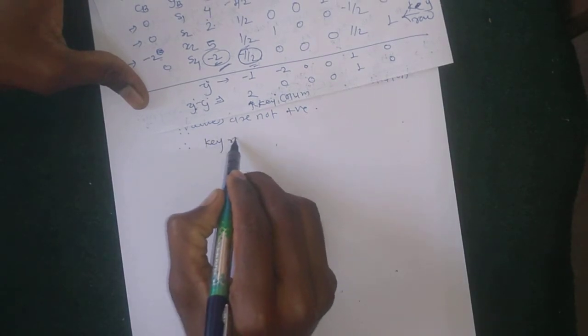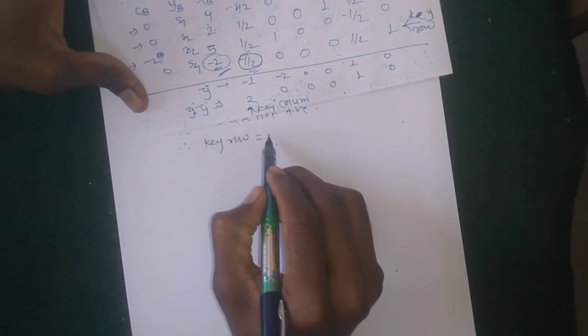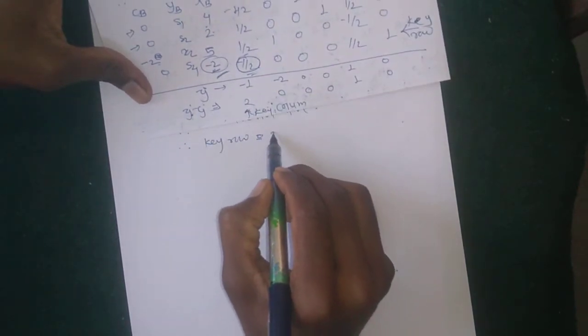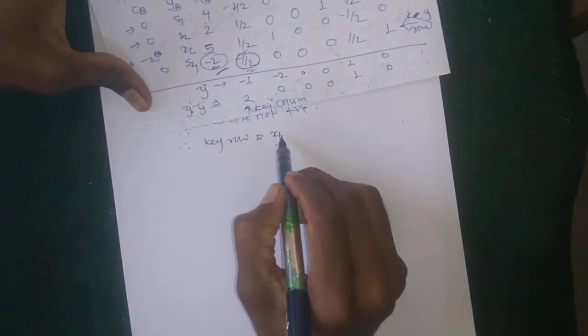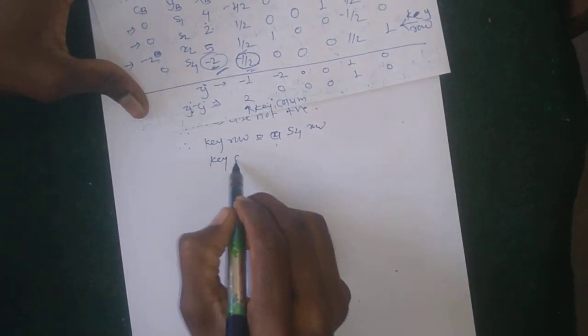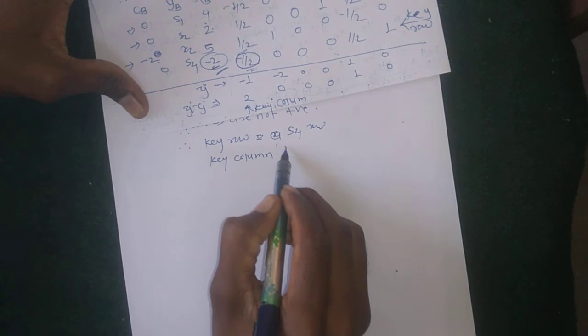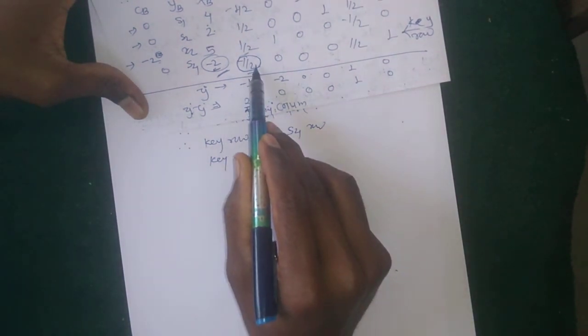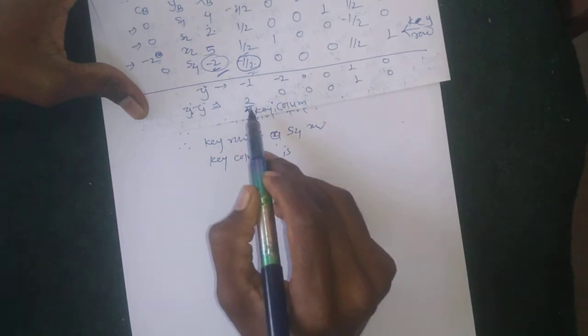Therefore key row is directly written here: key row is equal to s4 row, and key column is, with ZJ minus CJ 2 divided by the negative element, we get this negative.